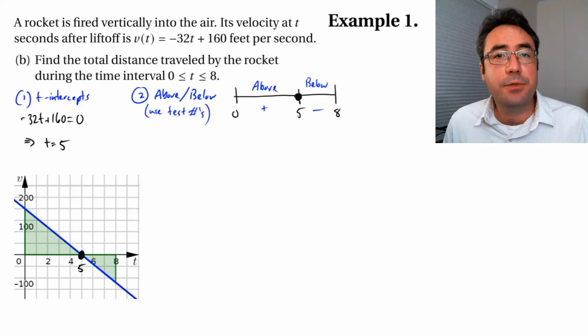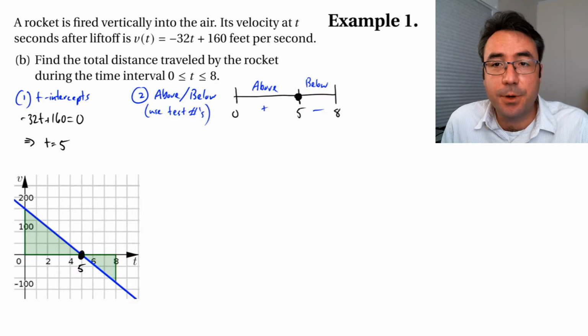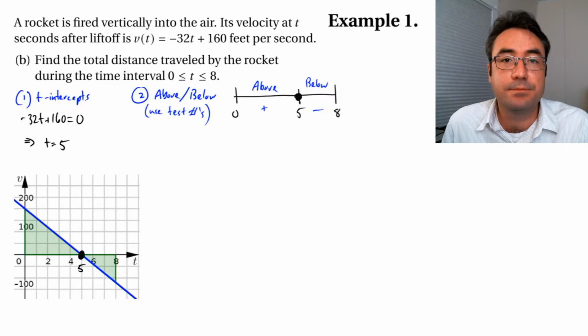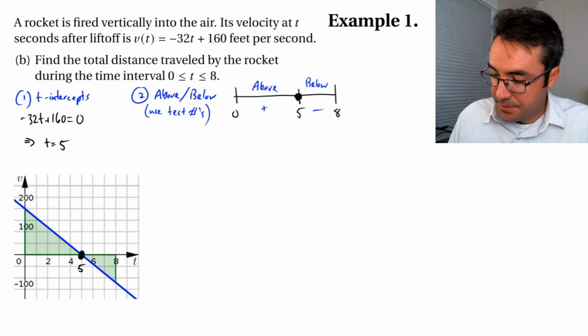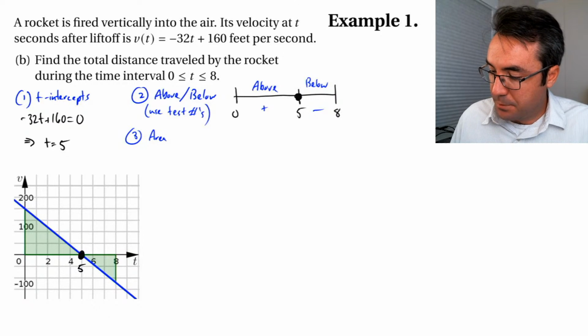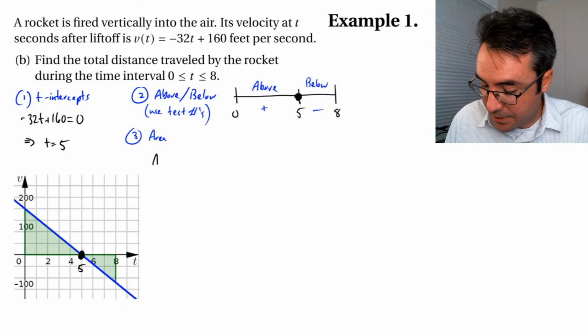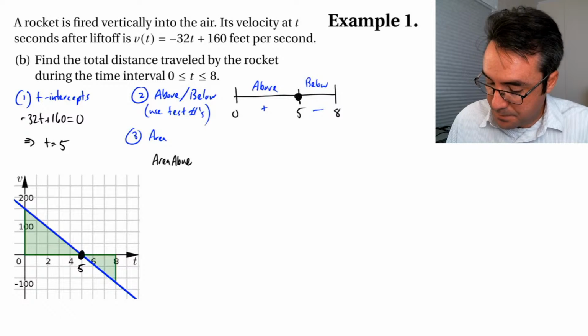And then finally, we're going to go through and just calculate the area for each of those regions. So we have to split up. We have to break this apart and calculate each area separately. So let's look at that area above.